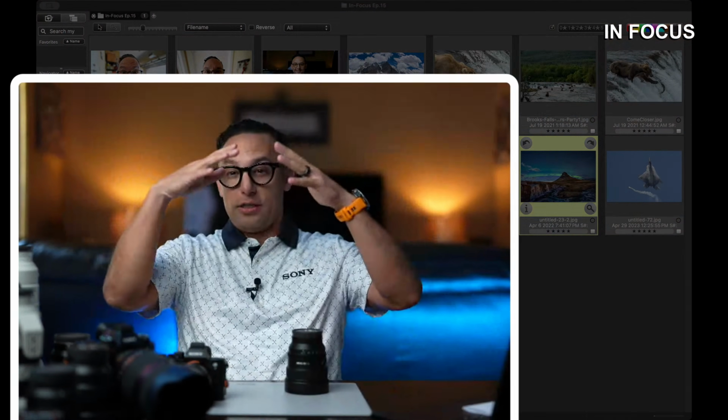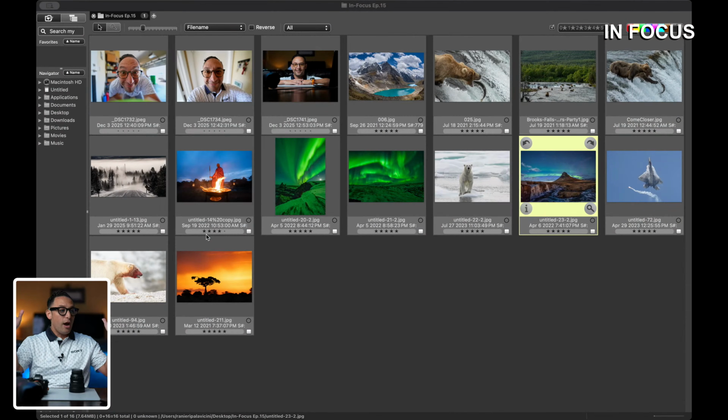This is the G Master 1.8 lens, and I love it because I fit a lot of stars and Milky Way right into the image. So that being said, let me keep talking about the lenses.